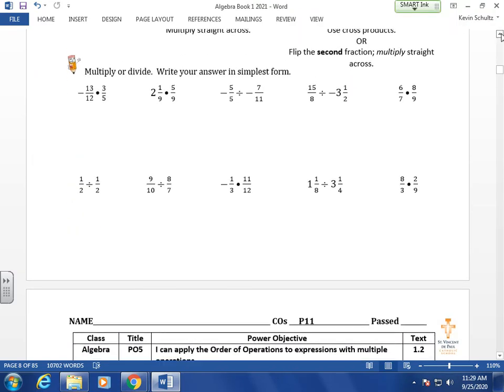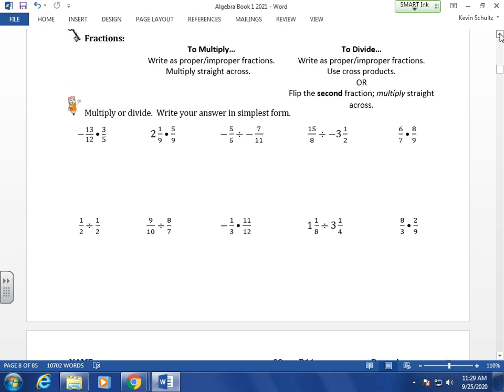Fractions. Multiplying and dividing fractions. Give me the process for how you go about multiplying fractions. What's our rule for this? Sign rules still apply, right? So in negative 13/12 times 3/5, we've got a negative times a positive, so we know our answer will be negative. But how do you go about it? Yeah, common denominators, we don't care. Don't need them.